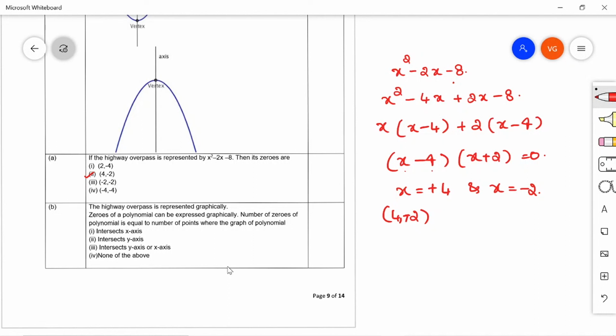This is a straight question. We know the number of zeros is nothing but the number of times the curve intersects the x-axis. Again for this question, no need to study the given case study. So option 1 is correct.